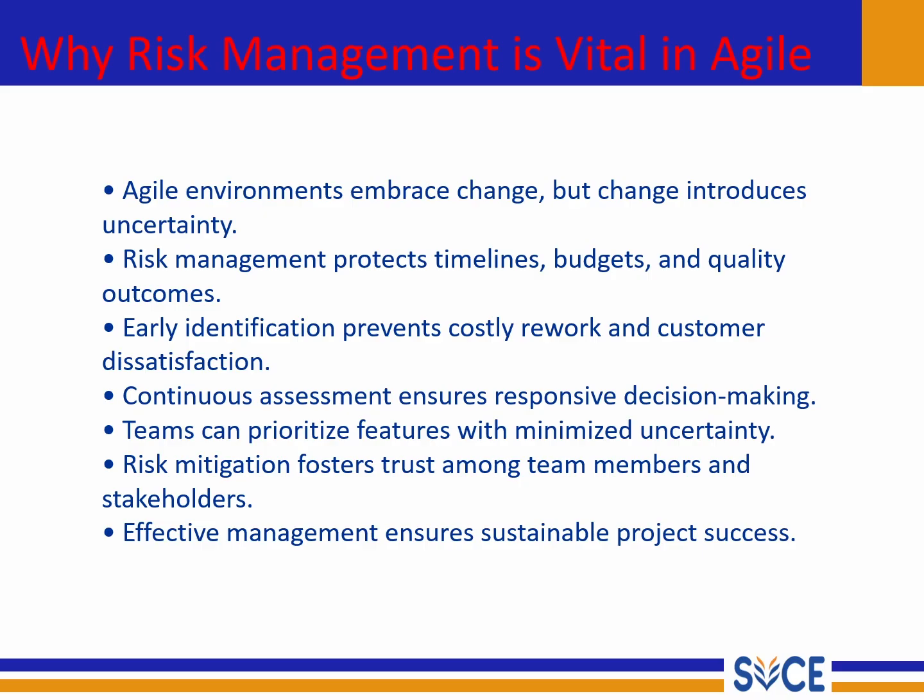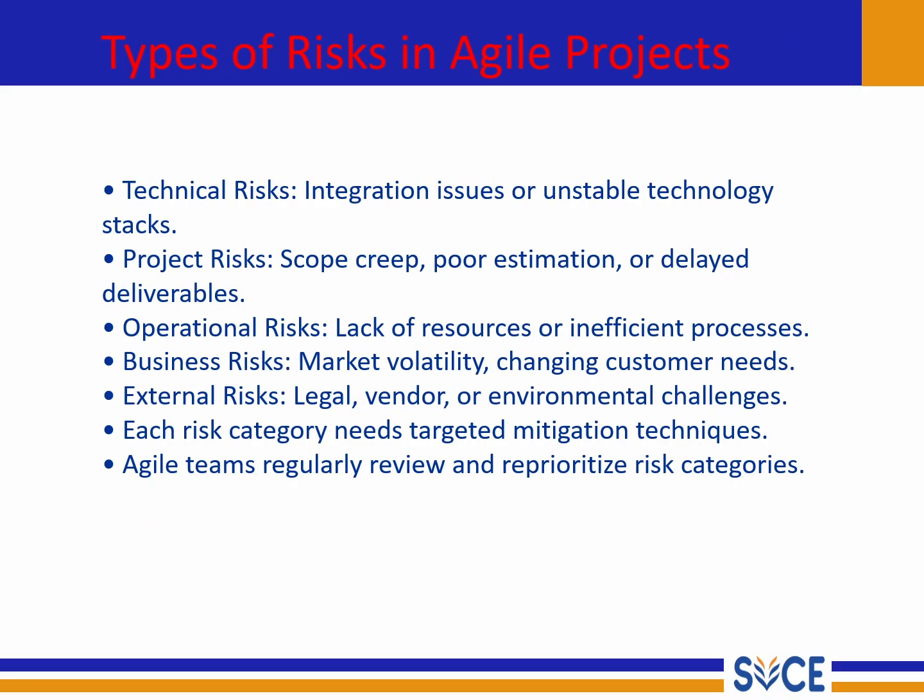Teams can prioritize features with minimized uncertainty. Risk mitigation fosters trust among the team members and stakeholders. Effective management ensures sustainable project success. In the next slide, we'll see the types of risk in Agile projects.